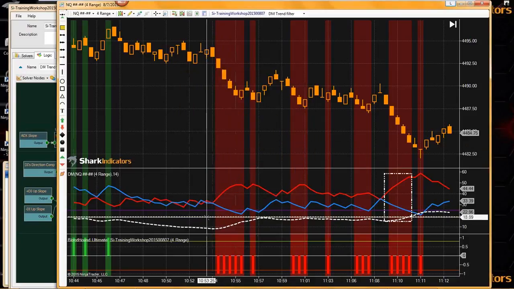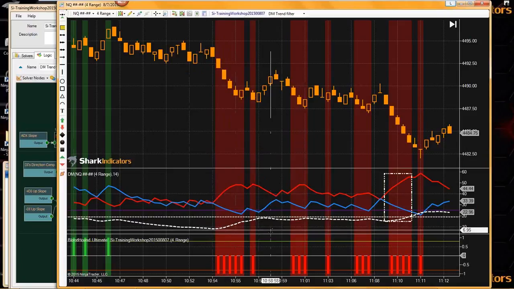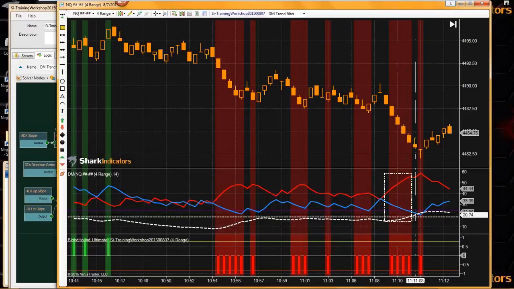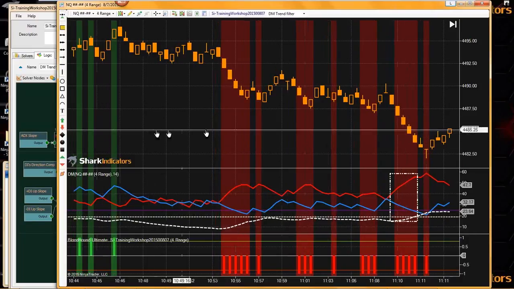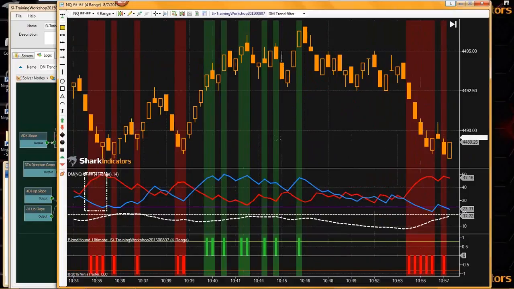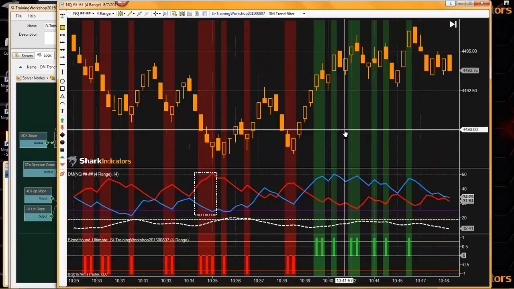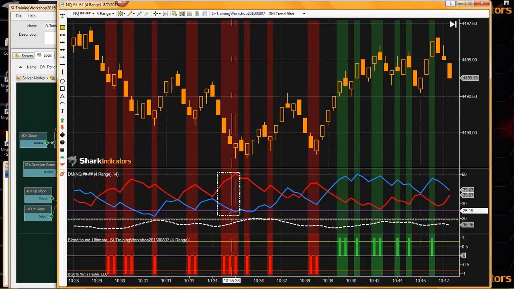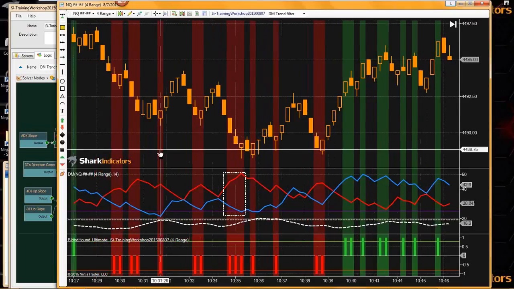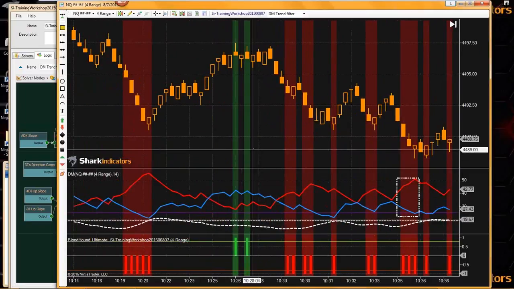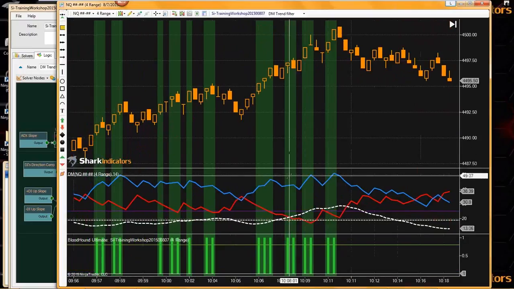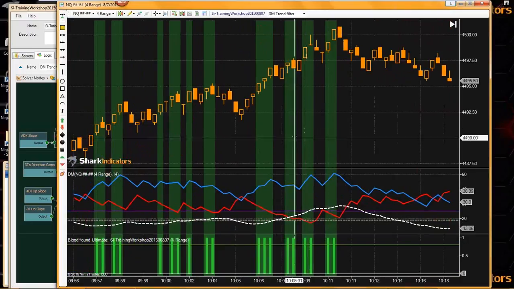Alright, so we have our white line representing a threshold of 19. So we also want to filter this out when the ADX has to be above 19, which will filter out even stronger trends. Well, it'll filter for stronger trends. So it'll filter out weaker trends. So let's see if I can find something here. And yeah, here's a spot.